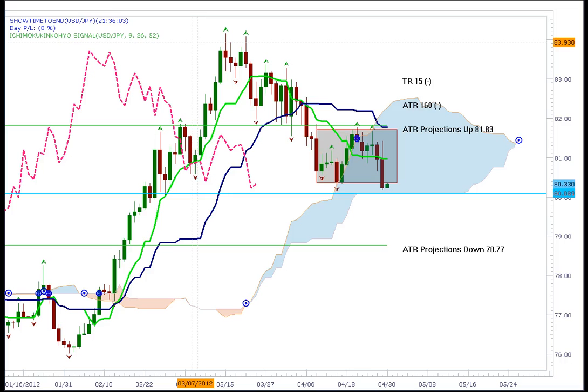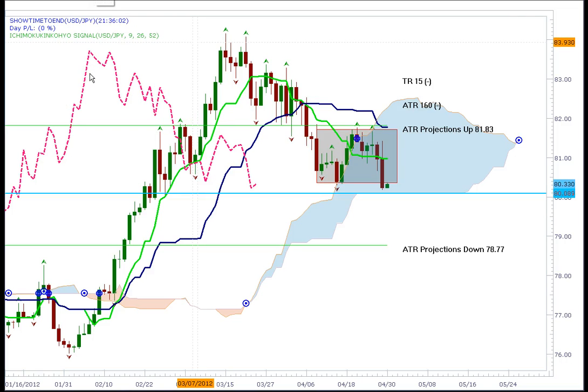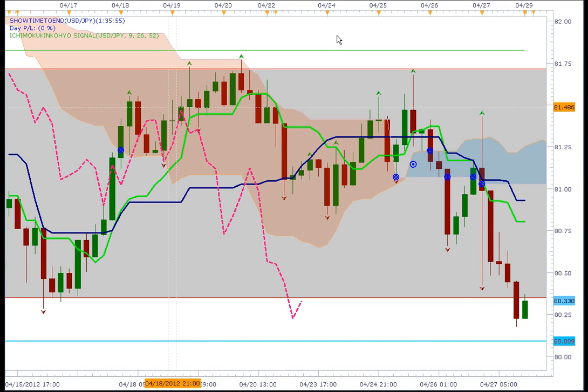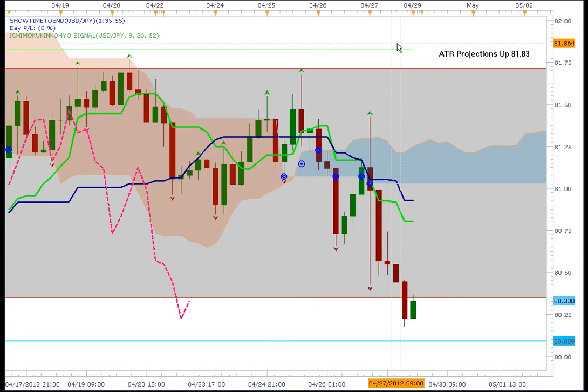And let's go to the 4-hour time frame. Now we're on the 4-hour time frame here. And we have all bearish signals.